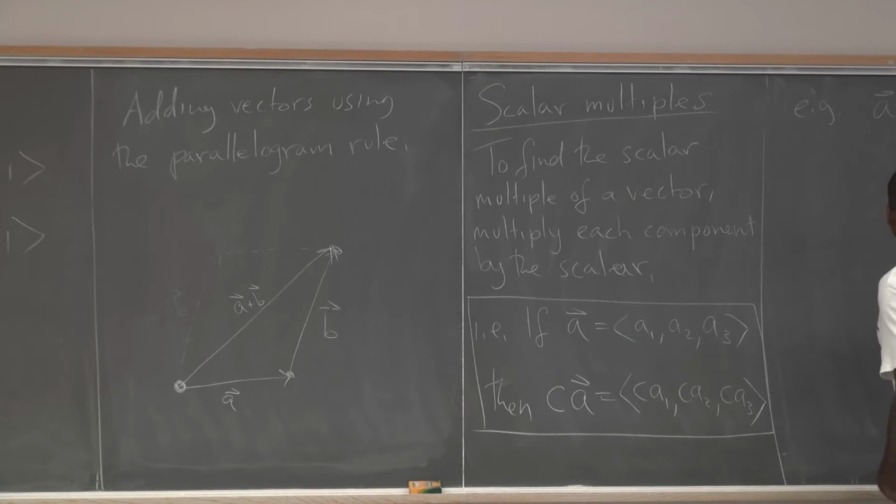These are then the vector 1, 2. Find 3A. Here, 3A will simply be 3 times 1 and 3 times 2, which equals 3, 6. So this guy's 1, 2.